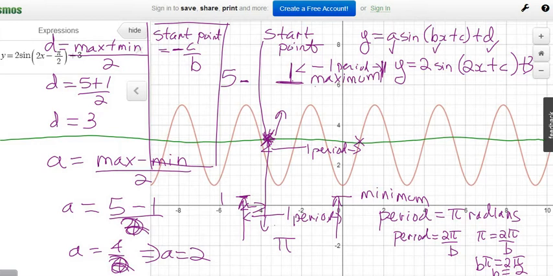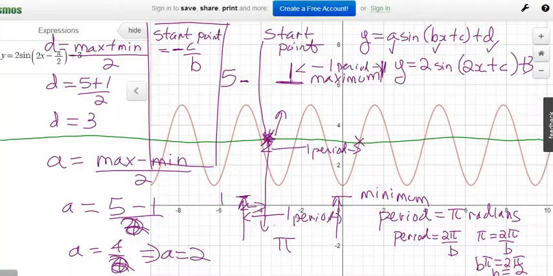If I give you a graph, you find the max, you find the min, you use that to calculate the midline, you use that to calculate the amplitude. You get the period from the graph. You just have to look at the graph, find the distance, right? It's the x distance from a minimum to a minimum, a maximum to a maximum, or the midline all the way through one cycle.